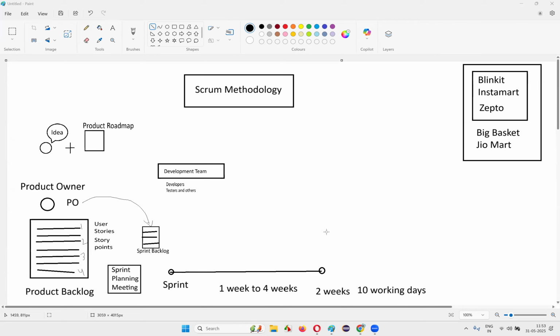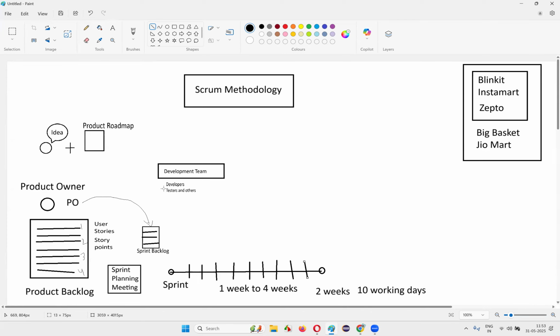If it is 2 weeks, 10 working days will be there. In 10 working days, 1, 2, 3, 4, 5, 6, 7, 8, 9, 10, all these three user stories, which are estimated at about 15 points or something, need to be completed. Everything needs to be completed.